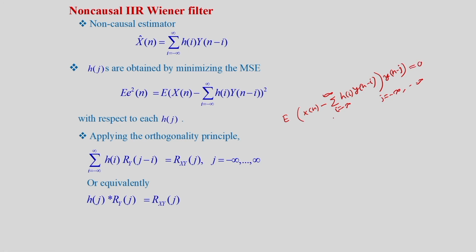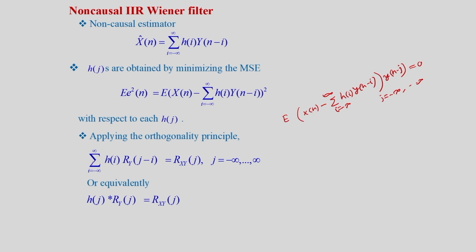This is the orthogonality condition, and it gives us Rxy of j, E of xn into yn minus j, equal to summation hi into E of yn minus i into yn minus j, that will be Ry of j minus i.